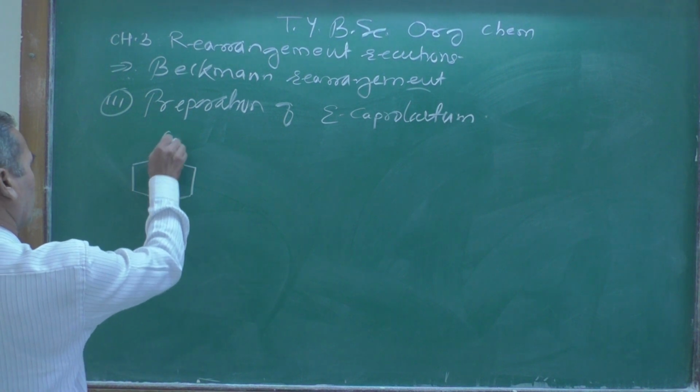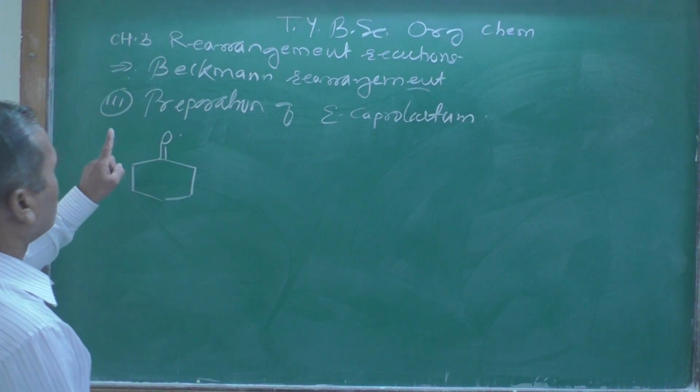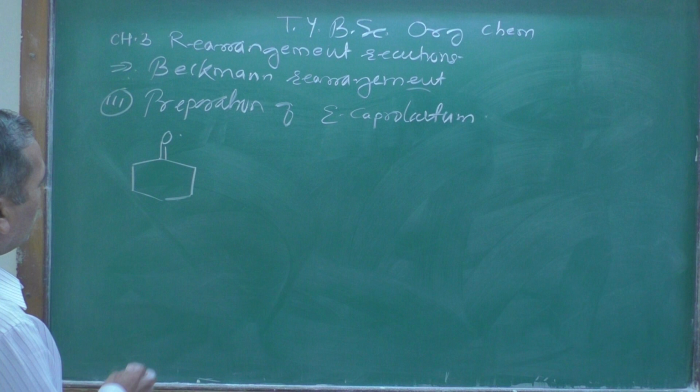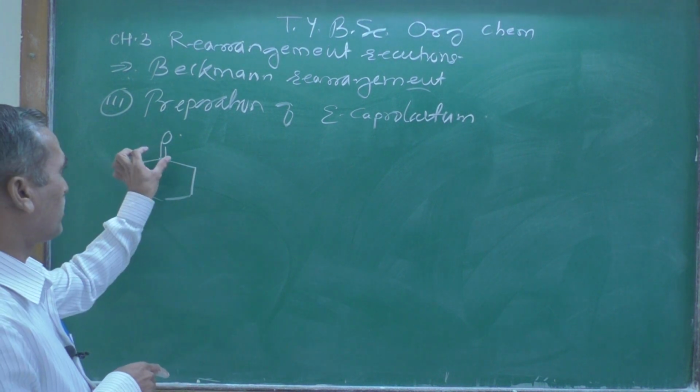Look at this one. You are quite familiar with this compound. What is the name of this compound? Most of you might know. This is a cyclic compound and this is a ketone.